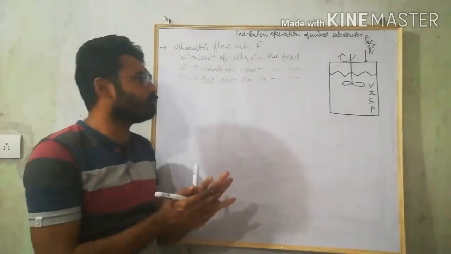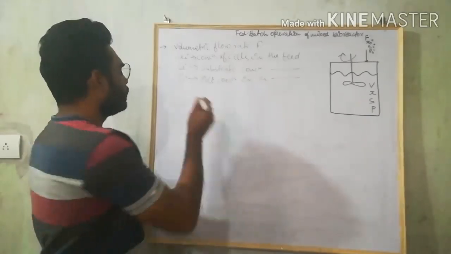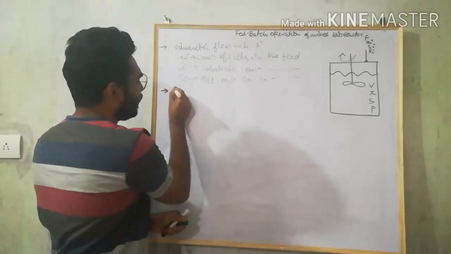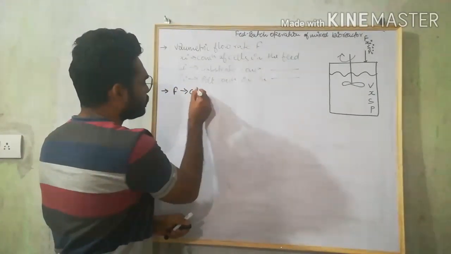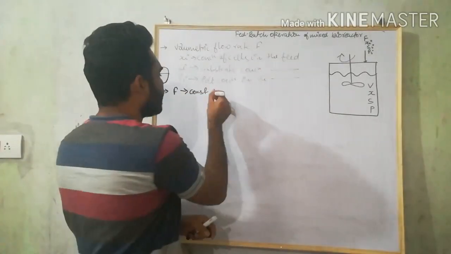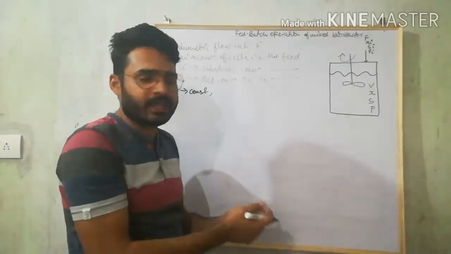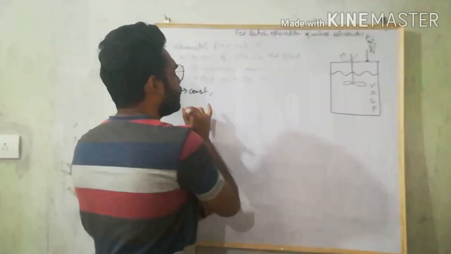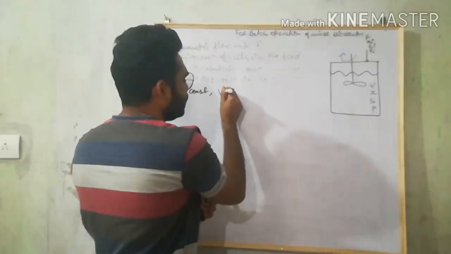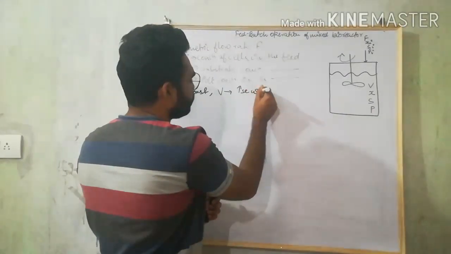Here what are we going to assume? We are going to assume that the feed flow rate F is constant. If F is constant, which means that the liquid volume will keep rising. So here F is constant, V will increase with time.